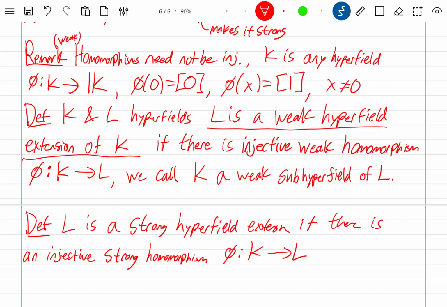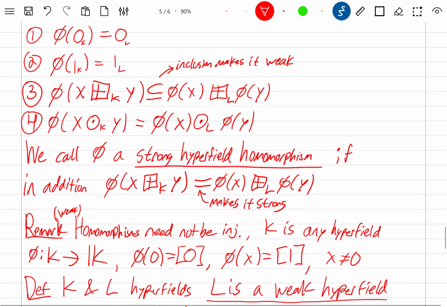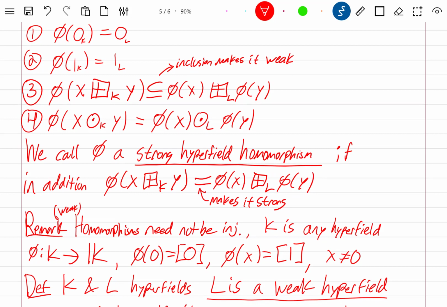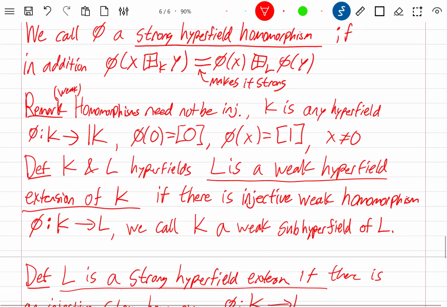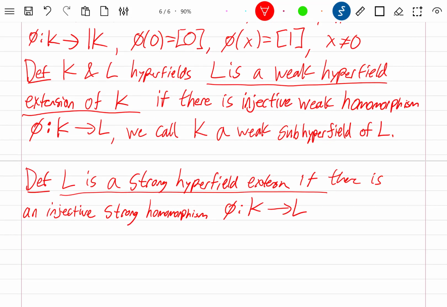It's clear that our notion of saying things are strong and weak makes sense, since every strong hyperfield extension is a weak hyperfield extension, due to the fact that a strong hyperfield homomorphism, well, equality implies inclusion. So a strong hyperfield homomorphism will imply a weak hyperfield homomorphism. So this terminology of strong and weak should make sense.